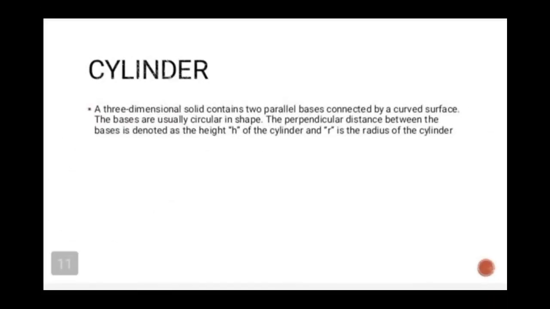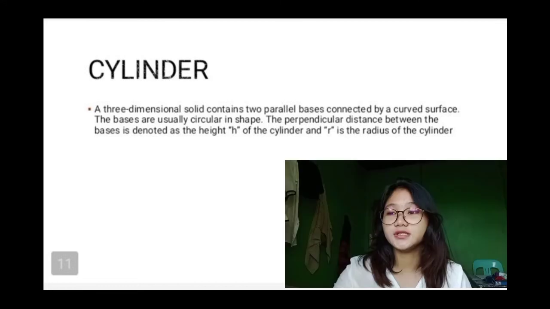So let's proceed now to the cylinder. What is a cylinder? A cylinder is a three-dimensional solid that contains two parallel bases connected by a curved surface. The bases are usually circular in shape. The perpendicular distance between the bases is denoted as the height or h of the cylinder, and r is the radius of the cylinder.